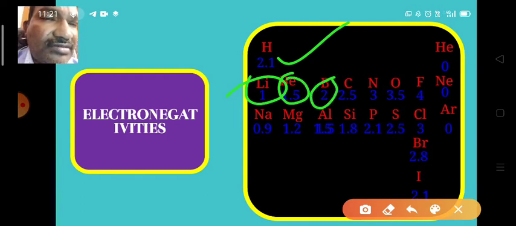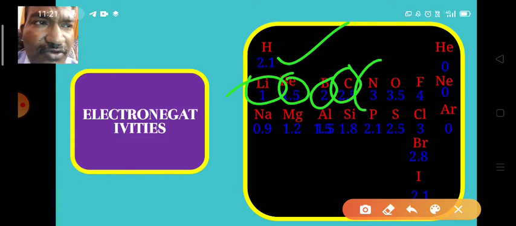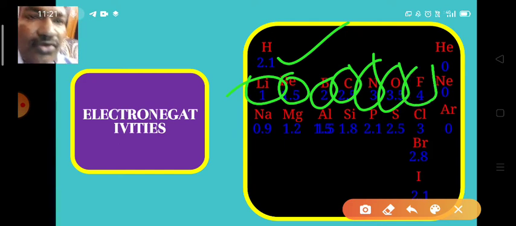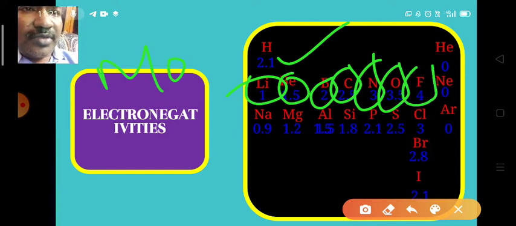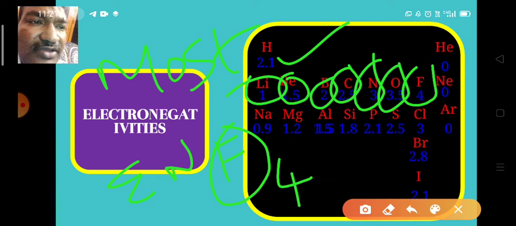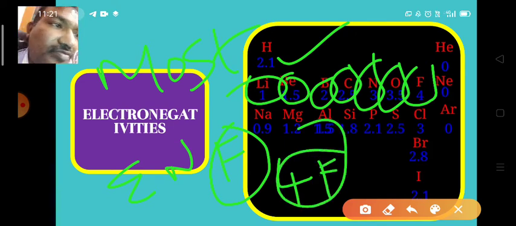Luckily we have a 0.5 difference, and boron electronegativity is 2, carbon is 2.5, nitrogen is 3, oxygen is 3.5, and fluorine is 4. The most electronegative element is fluorine, and its value is 4. Fluorine and 4, that we have to remember.